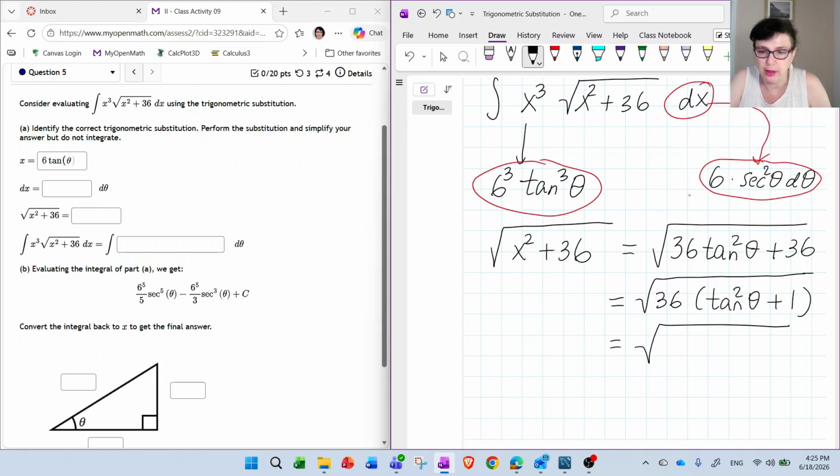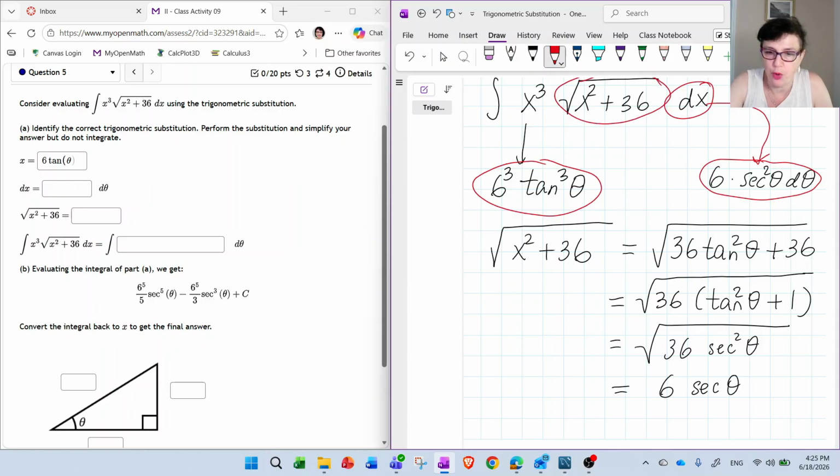Or if it was secant, well, secant squared plus 1 also doesn't work. But tangent squared plus 1 does work, and that gives you secant squared. And then the last step to simplify the square root is to actually take the square root, which is going to be 6 secant theta. So this root, we just translated to our theta language, and it became 6 secant theta.